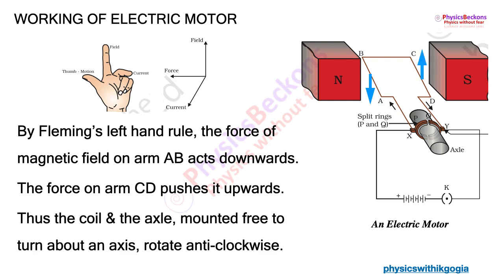So, the coil and the axle mounted free to turn about the axis rotate anti-clockwise. See the forces acting on the coil, they make it turn in the anti-clock direction as seen from the side of the axle.